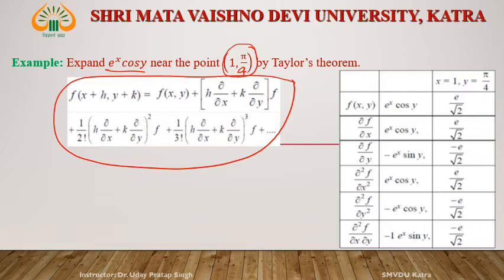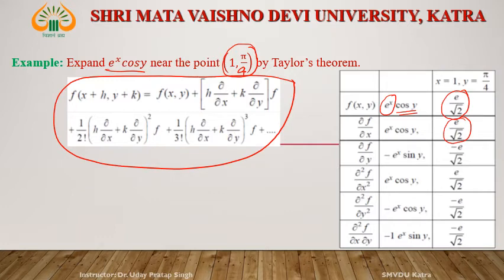See, fxy is equal to e to the power x cos y. What is e to the x? X is equal to 1. Then this is e to the power 1, e cos pi by 4. Cos pi by 4 is 1 by root 2. That is e by root 2. Okay. E to the power x cos y. Then e to the power x is 1. What is cos y? Cos pi by 4. This is e by root 2. Okay.